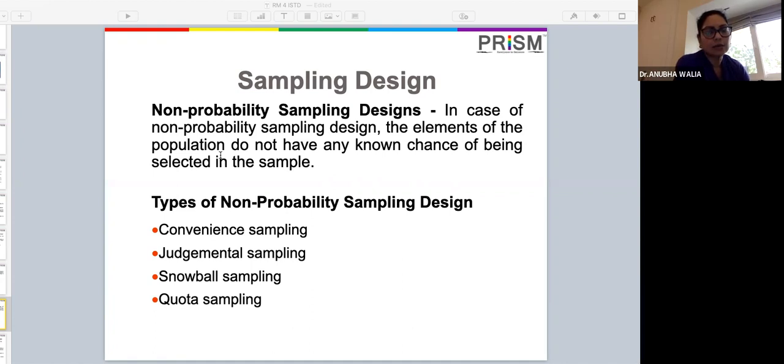You will see that in the purposive or judgment or subjective sampling, the sample is selected with a definite purpose in view, and the choice of sampling unit depends entirely on the discretion and the judgment of the investigator. Now, this sampling suffers from the drawback of favoritism, even nepotism, depending upon the belief and prejudice of the investigator, and thus does not give a representative sample of the population.